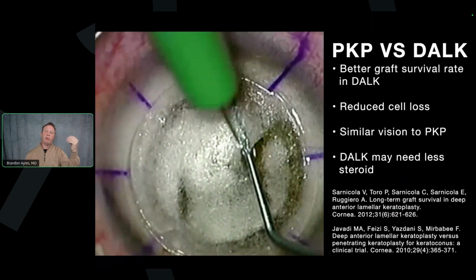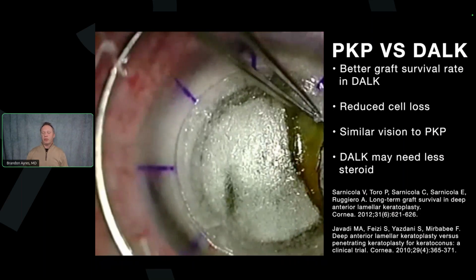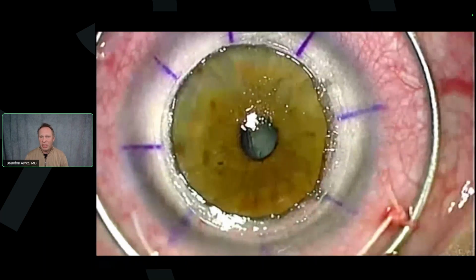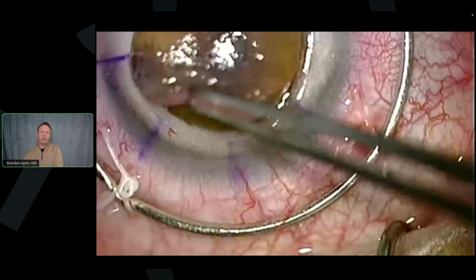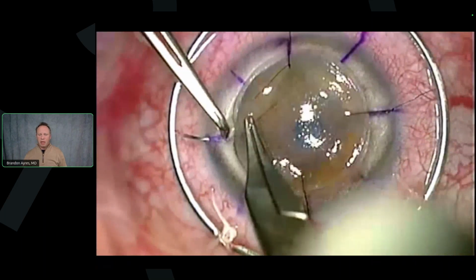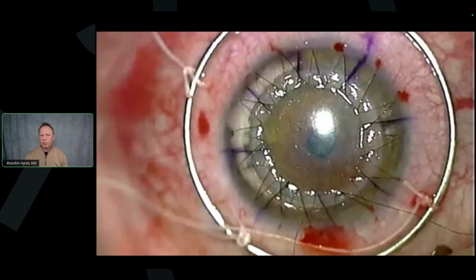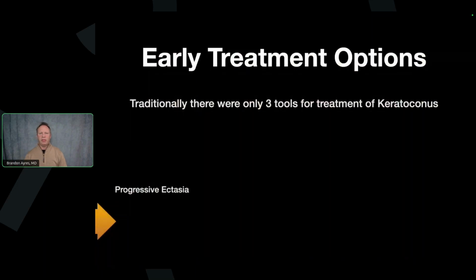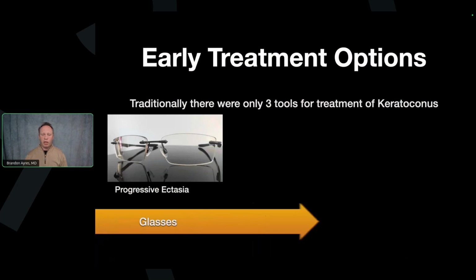And I've had some trauma patients come in, even with a DALK, and still have ruptures and expulsion. So although DALK is an improvement, it's still not great. But we're moving forward. We're trying to make things better. And after we finish up this DALK, it's almost indistinguishable from a PKP, except it's the patient's own cells versus the donor cells.